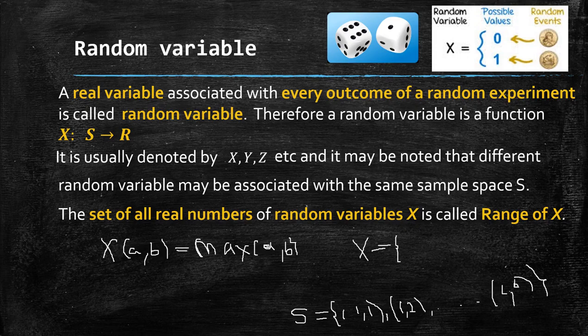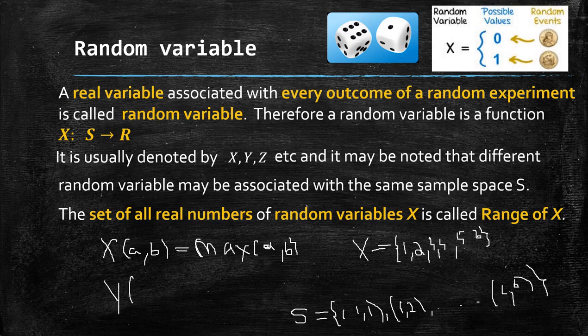Now for the same sample space, if I take another random variable, say Y, with Y of a comma b as the sum of a and b, then the random variable Y takes these values. Taking one by one, what is Y of 1 comma 1?